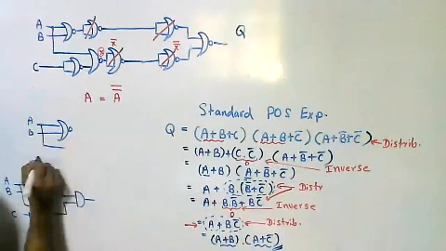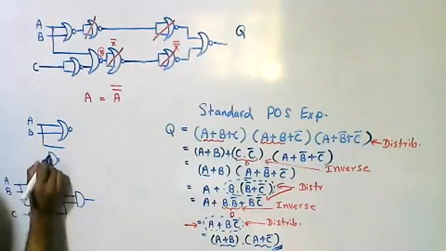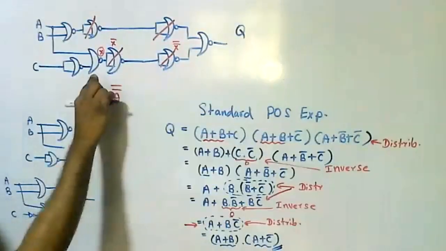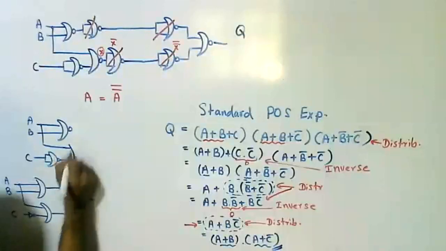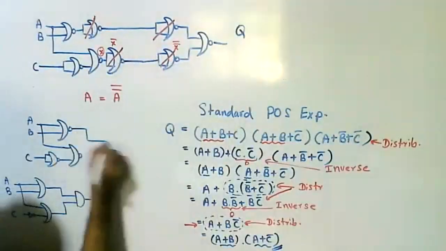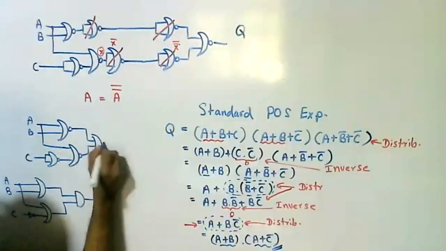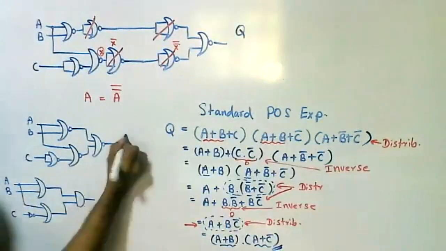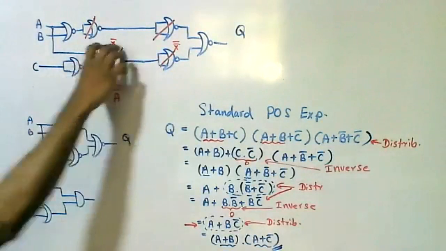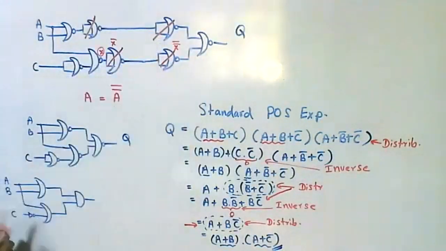A, B, C, then here a NOR gate is there, and finally another NOR gate is there. That's all. Right, we can draw the final logic circuit like this, because these 4 NOR gates are not needed according to the double complement law.